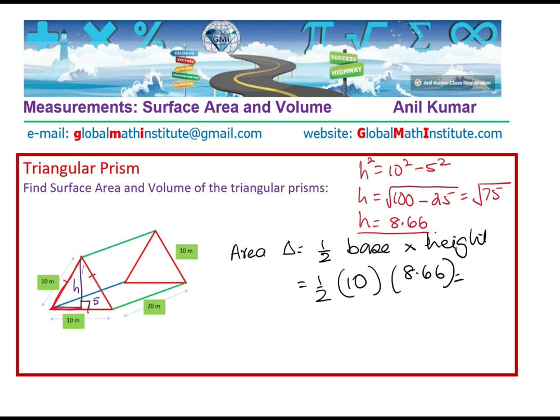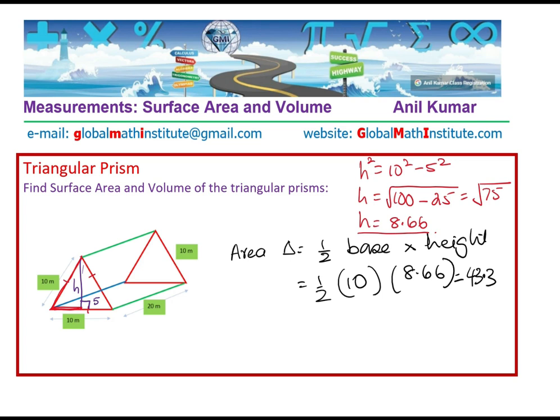So you can calculate this. So we do 10 times 8.66 divided by 2 to get the answer. The decimal value is 43.3. So that becomes the area of the triangle, right?